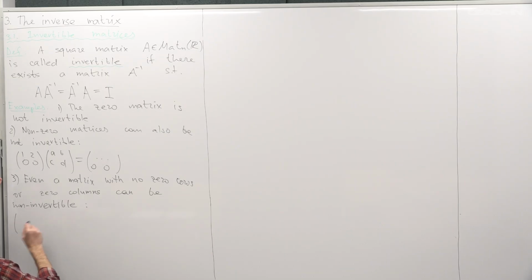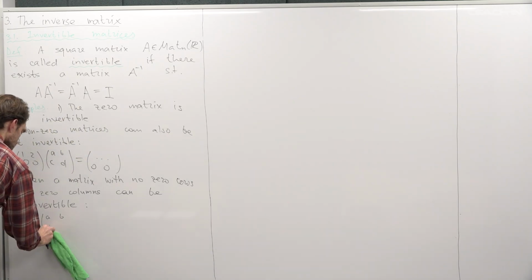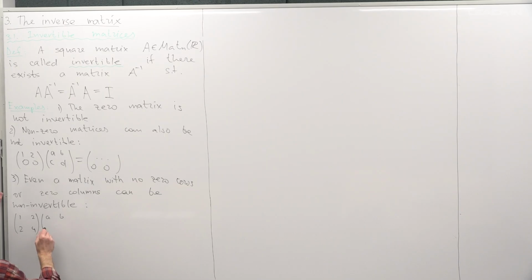So let us consider a matrix with entries 1, 2, 2, 4. And I'm going to try to find a matrix with unknown entries A, B, C, and D, such that the product is the identity. So I'm going to multiply it by A, B, C, and D. So I need to make some computations. So I'm going to get A plus 2 times C here.